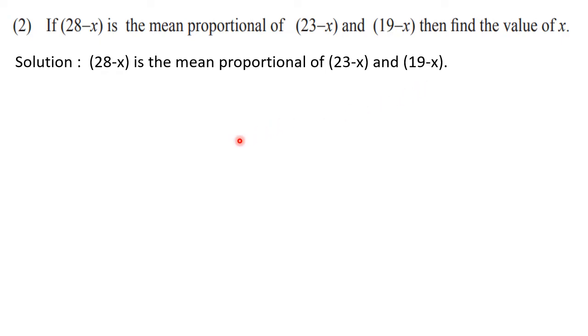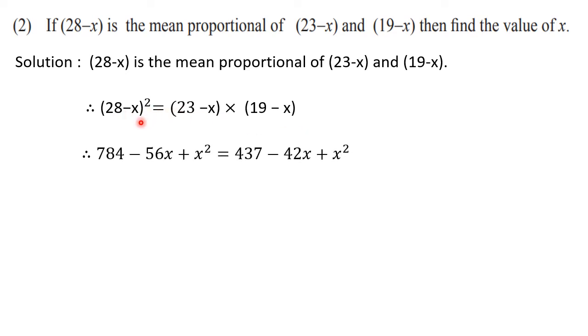Now let's start solving it. So we know that mean proportional square is equal to the multiplication of extremes. So we will write 28 minus x the whole square is equal to 23 minus x into 19 minus x.